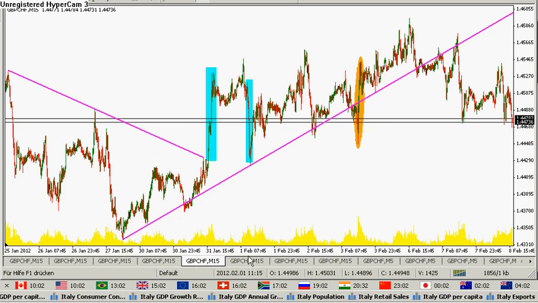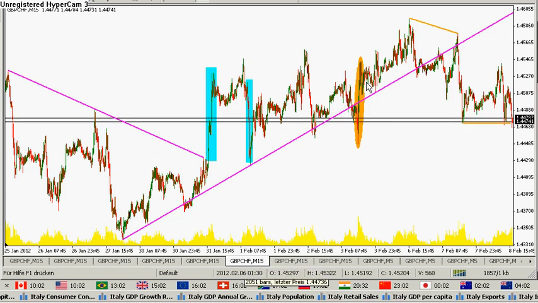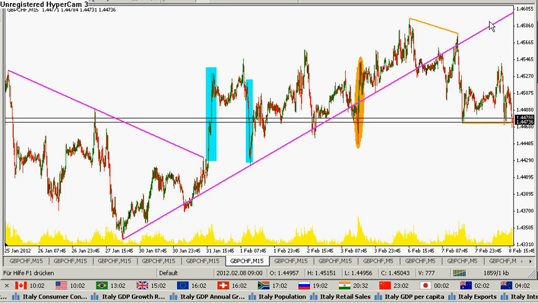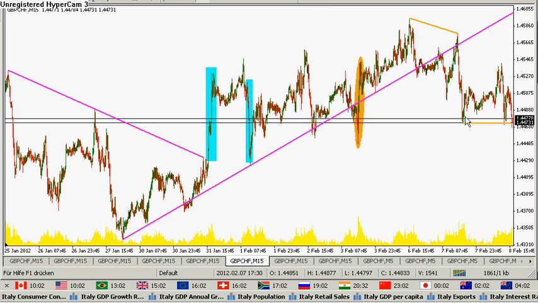And the question is, of course, right here, right now, what happened? So I'm choosing here, before the breakout, this pattern, a slightly bearish pattern, and here this bottom.